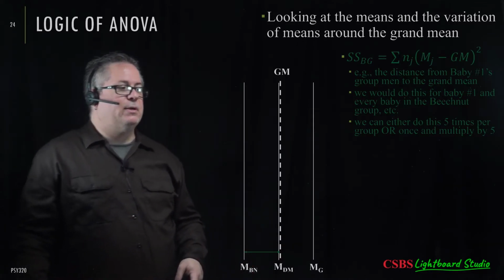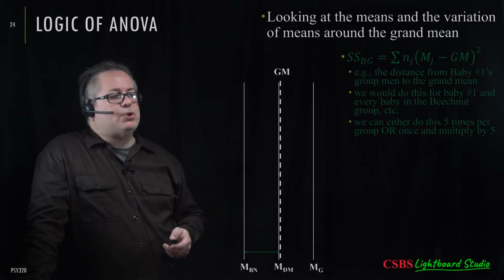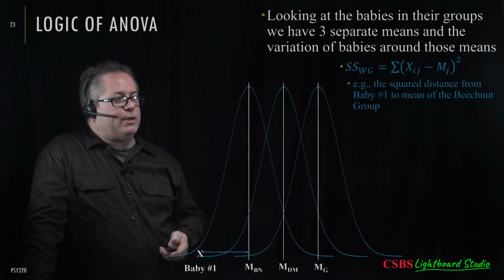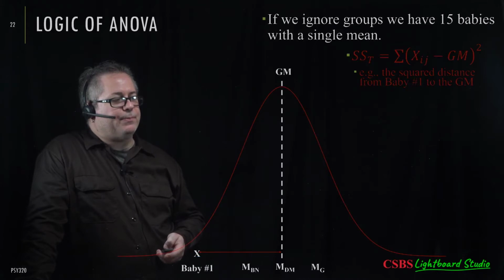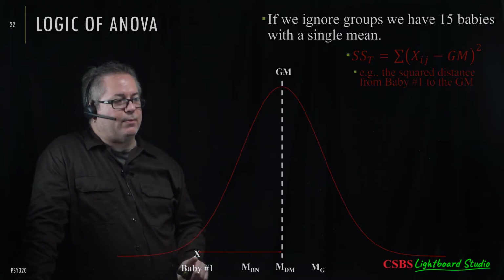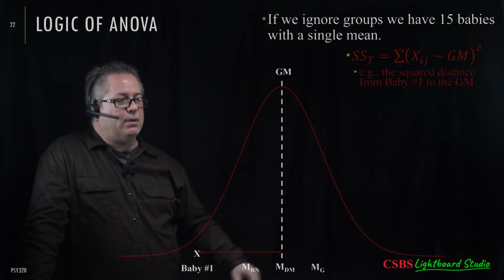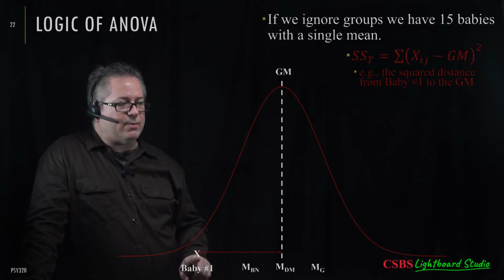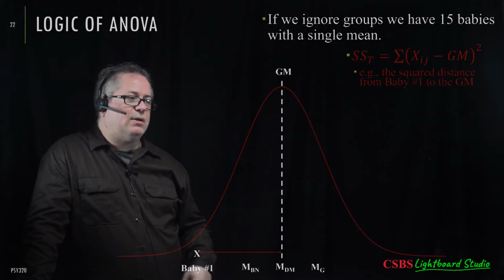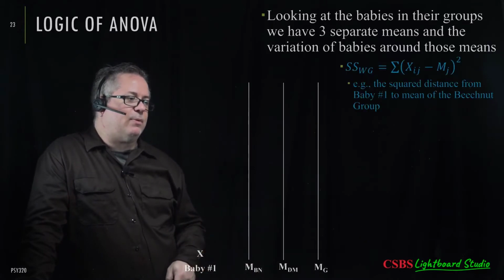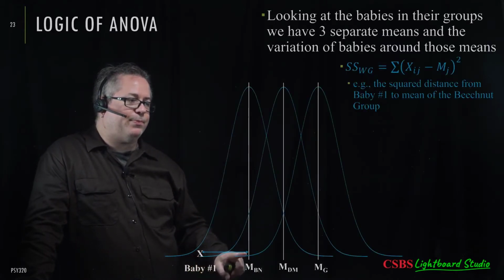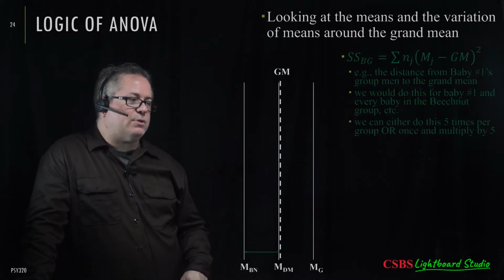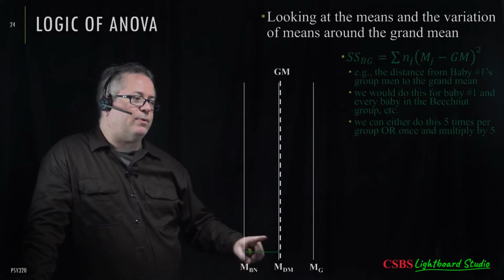That makes sense. So when we think about the total variability, let's go back a second. When we think about the total variability here, how far baby number 1 is away from the grand mean, I can actually think about this distance. I can break it up into 2 parts. The total distance between baby number 1 and the grand mean can be cut up into how far baby number 1 is away from their own group, and then how far their group is away from the grand mean.